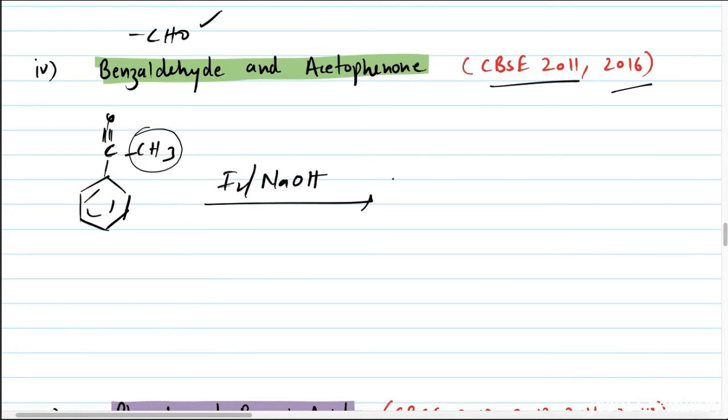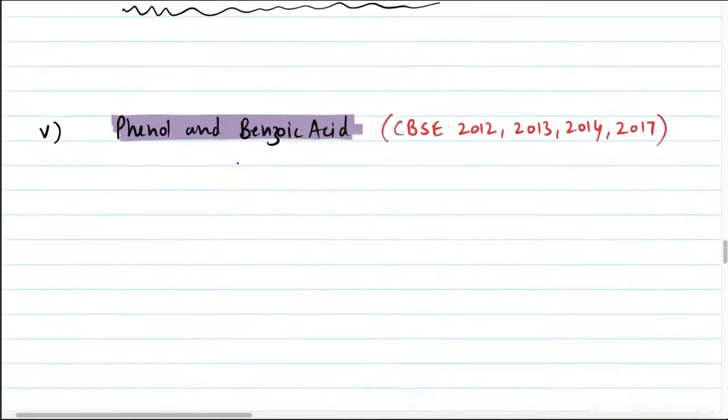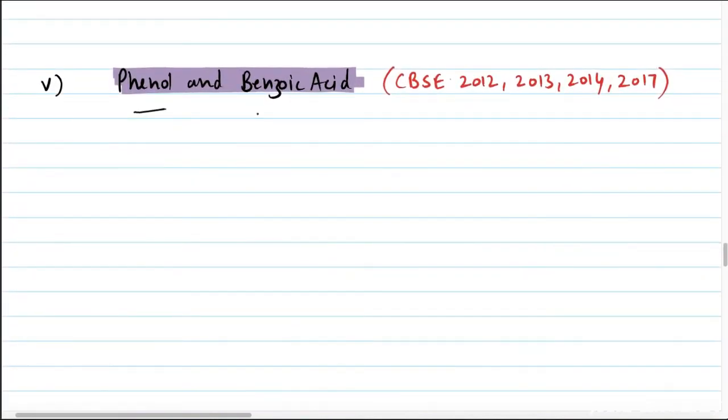So this is very simple. This is your C6H5COONa, and this is your iodoform, yellow ppt. Clear? You can also write that benzaldehyde does not confirm this test. And in this case, you can also do it another way: benzaldehyde confirms the Tollens test and acetophenone does not confirm the Tollens test. You know very well, right? Next one is phenol and benzoic acid.